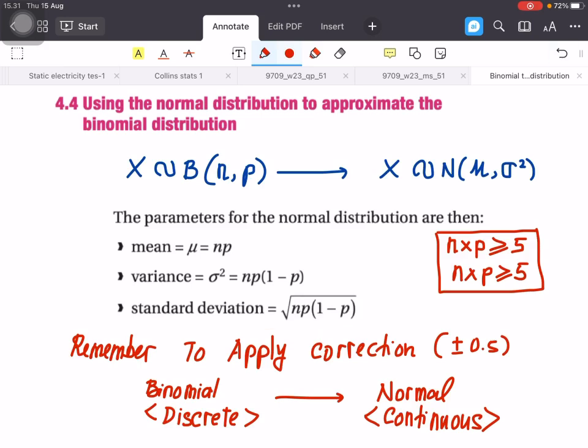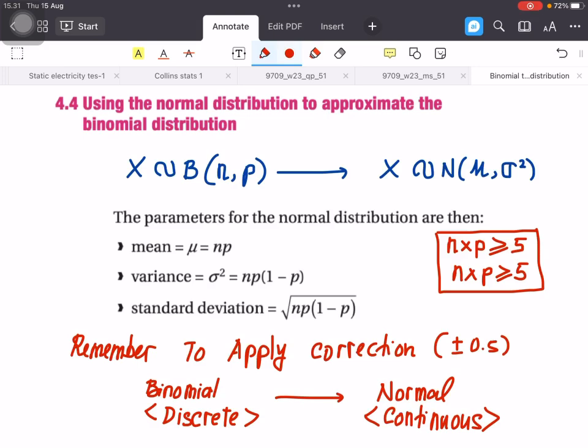And then don't forget to apply correction when you use normal distribution to approximate binomial distribution. The reason for this correction is that binomial distribution is a discrete variable, while normal distribution has a continuous variable.